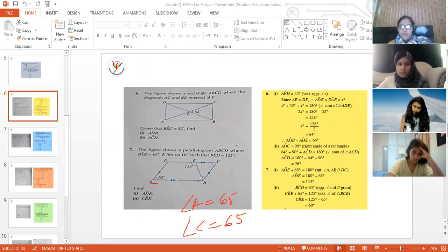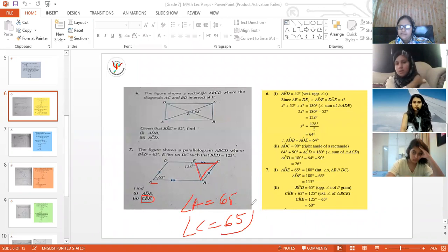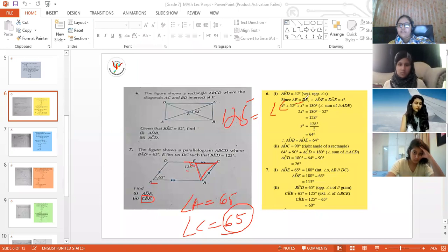Right? Okay. Now I am going to solve the second part first, which is CBE. This is a triangle CBE where angle C is equal to 65 degrees. If you can see, outside the triangle there is one angle which is exterior, which is 125 degrees. And the exterior angle is always equal to the sum of the interior opposite angles, right?